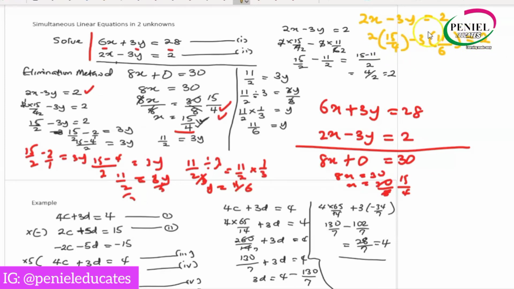We want to confirm if this is equal to this. So I will have 15 over 2 minus 11 over 2. Let's check if it's going to be equal to 2. This one will be 4 over 2. So 2 is equal to 2, which means our answer is correct.